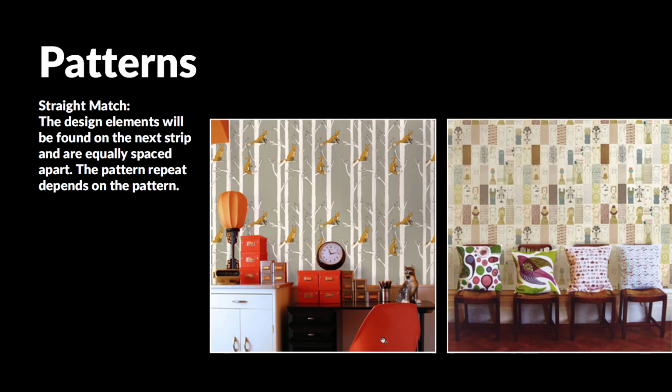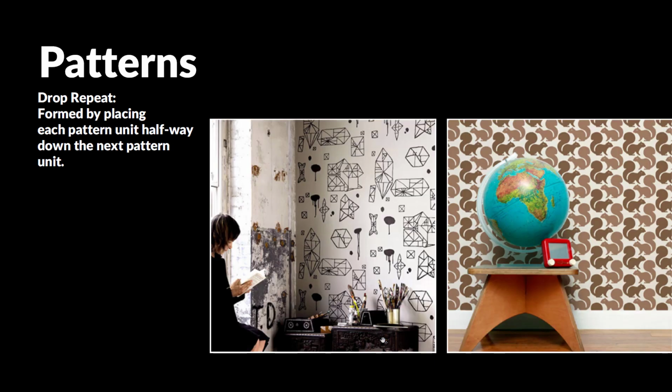So the installer has to be very thoughtful and conscientious about lining up that pattern. We can also have a drop repeat where, again, the installer has to be paying very close attention so that as they line up the pattern, the next vertical stripe that they apply, the pattern is at that halfway point down. Okay, so there's a shift.